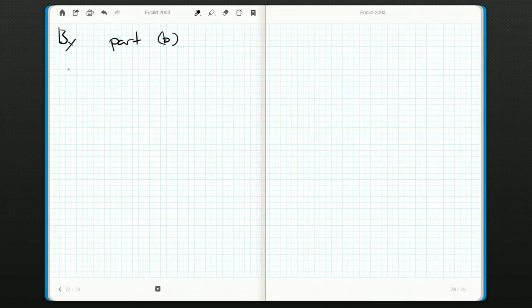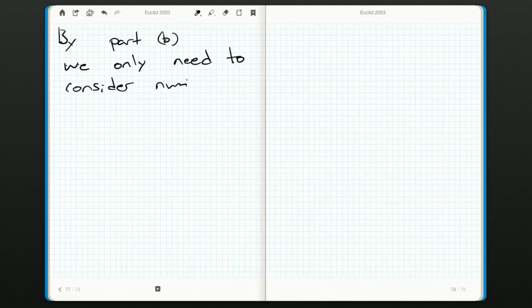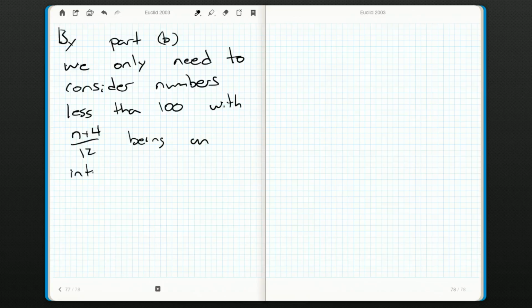By part B, we only need to consider numbers less than 100 with (n plus 4) over 12 being an integer.